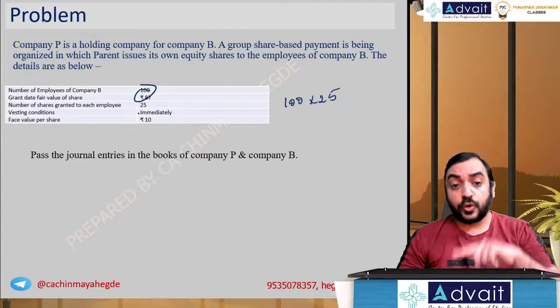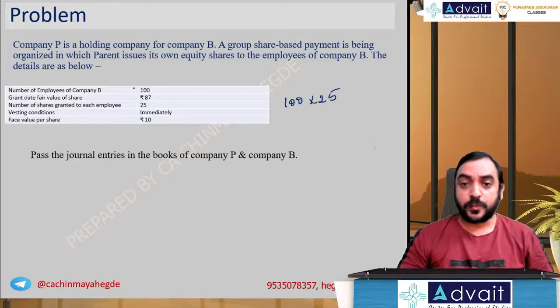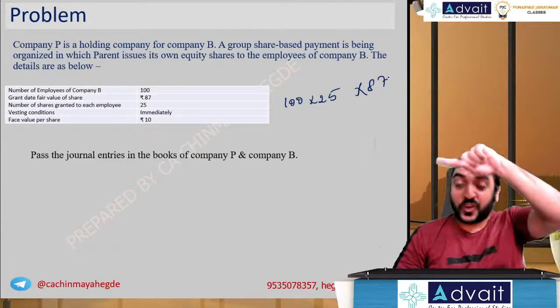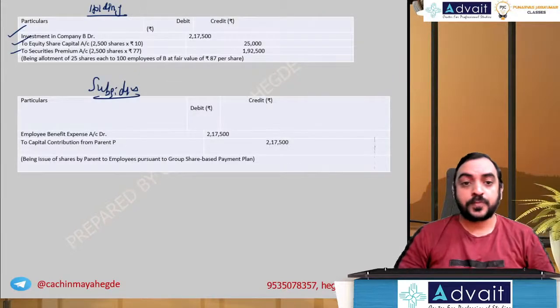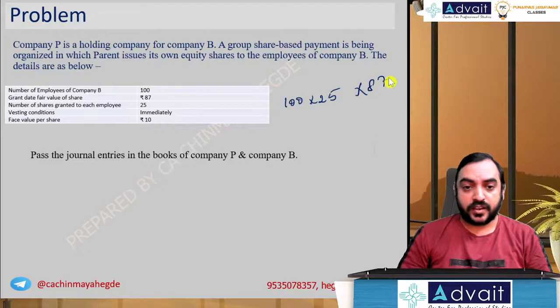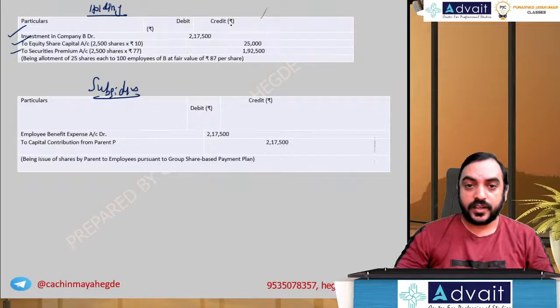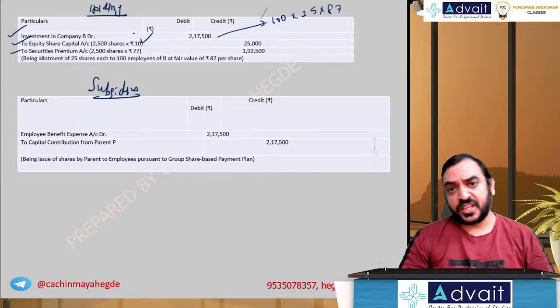Out of 87, 10 rupees face value, balance 77 rupees securities premium. So 100 into 25 into 87 rupees. What is an expense for the subsidiary company is an investment for the parent because you are paying on behalf of the subsidiary company. So I think you get 2,17,500. Please confirm. 100 into 25 into fair value 87. Out of 87, 10 rupees share capital, balance 77 rupees securities premium.